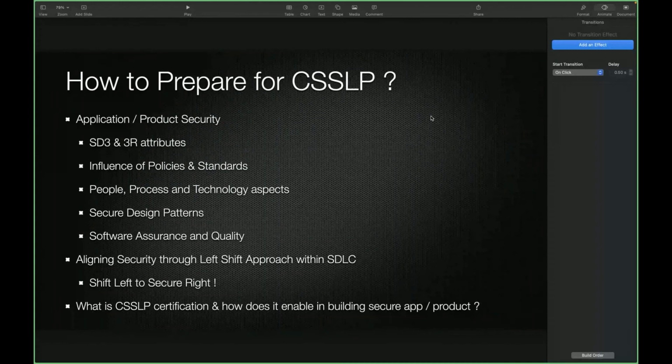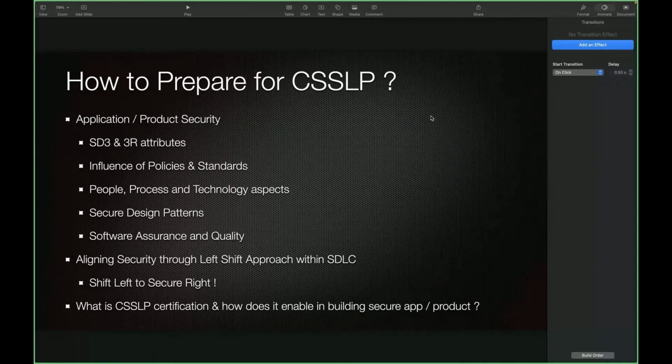One important thing to remember with respect to design patterns is that none of these patterns or concepts can be ignored, because all these patterns or concepts influence arriving at a secure software solution for sure. Okay.